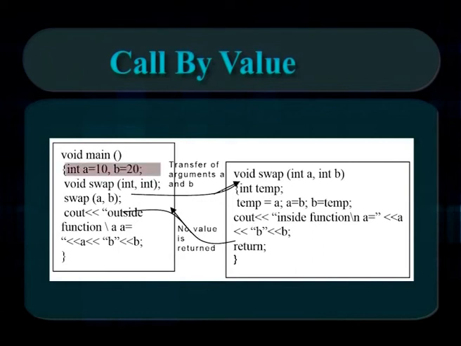If the sample input is a equal to 10 and b equal to 20, then inside the function the values of a and b after swapping are 20 and 10 respectively, while after returning from the function the values of a and b are again 10 and 20 respectively. The reason for this is that the swapping of arguments is done within the function only and it does not affect the values of a and b in the main program.